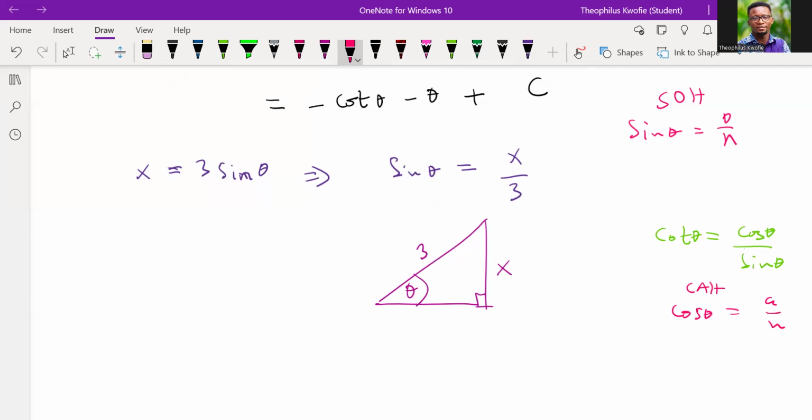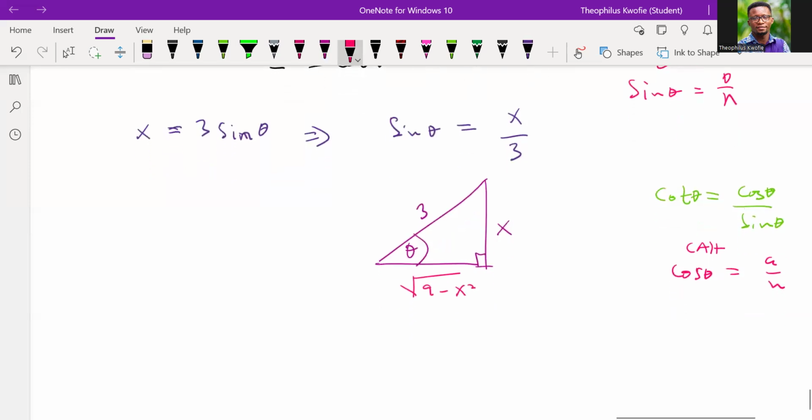Using the Pythagorean theorem, we find that our adjacent will be the root of 9 minus x squared. So our cosine theta should be the root of 9 minus x squared over 3.